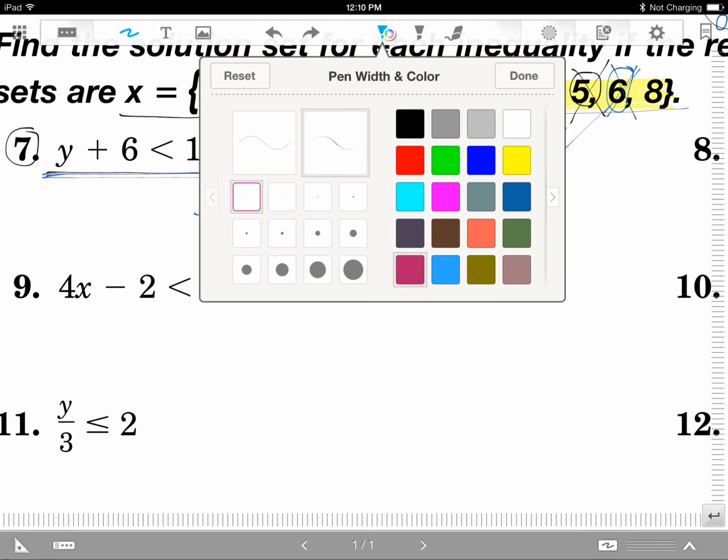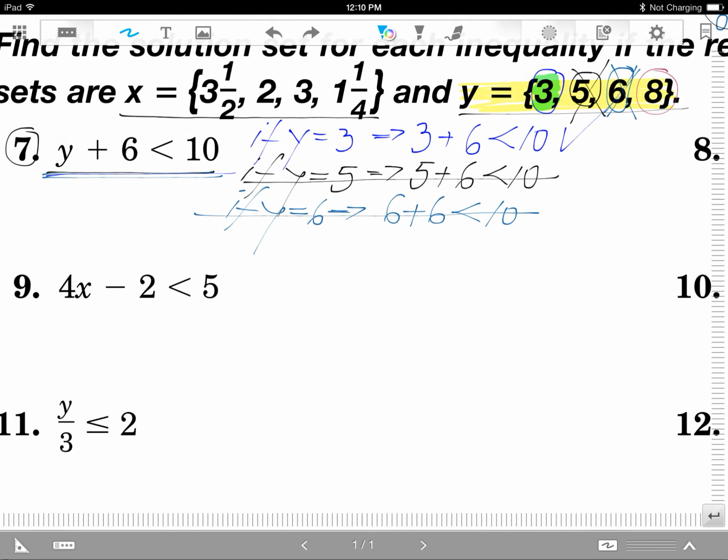How about 8? And many of you can see that 8 cannot be a solution either, because it's greater than 5 and 6. But I would say if y equals 8, then my inequality here will be 8 plus 6 less than 10. That's not true. And you are done.